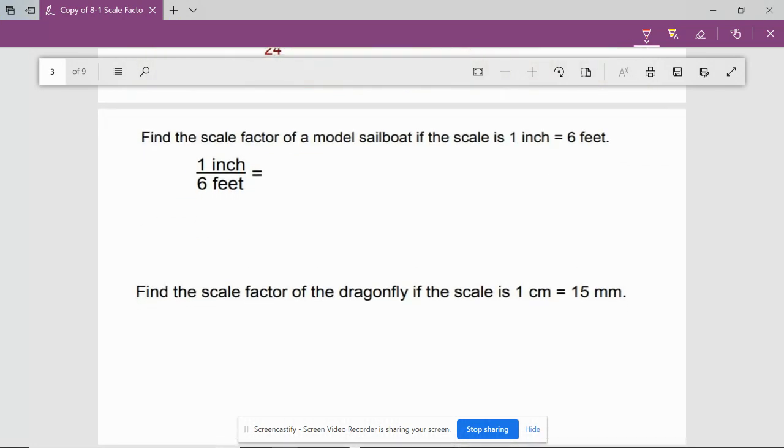If we look at this first slide that has stuff on it, let's find the scale factor of a model sailboat if the scale is 1 inch to 6 feet. We already have our 1 inch to 6 feet right there, so we have 6 feet on the bottom. 1 foot equals 12 inches, right?